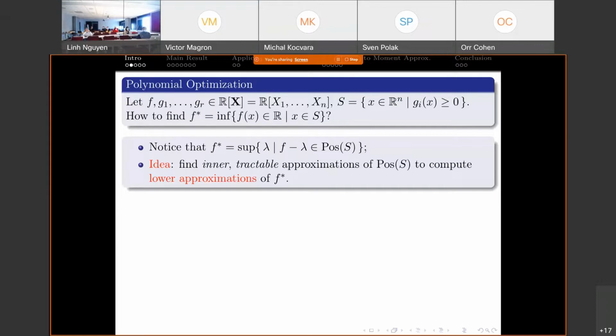Even if you truncate it in finite dimension, it is not easy to determine if a polynomial is positive or not on a basic closed semi-algebraic set S.